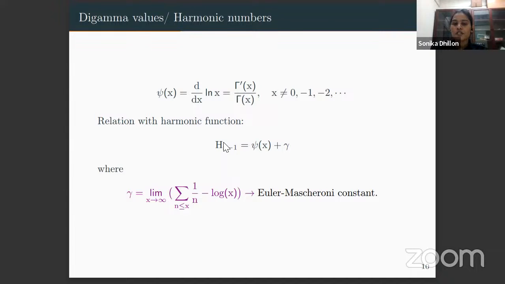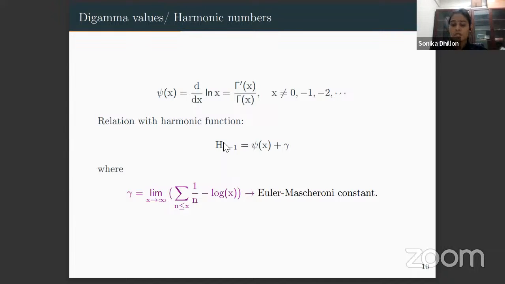The digamma function is defined as the logarithmic derivative of the gamma function. We'll see later that whatever results are known for the digamma function are always for digamma plus the Euler constant. Note these two together, not the constants separately, because for the Euler constant we don't even know whether it is rational or irrational.